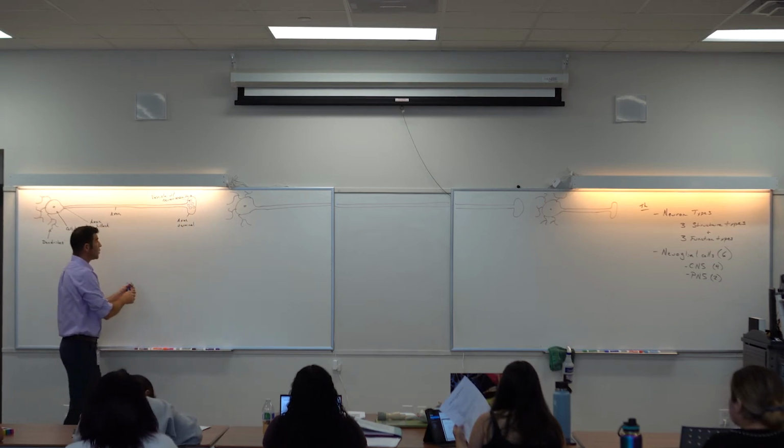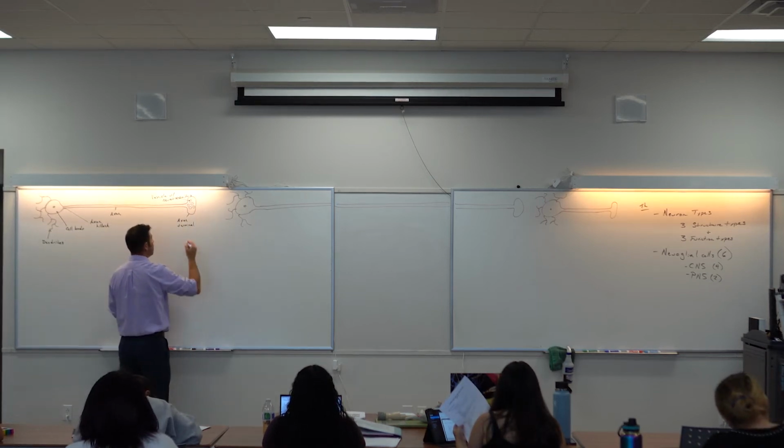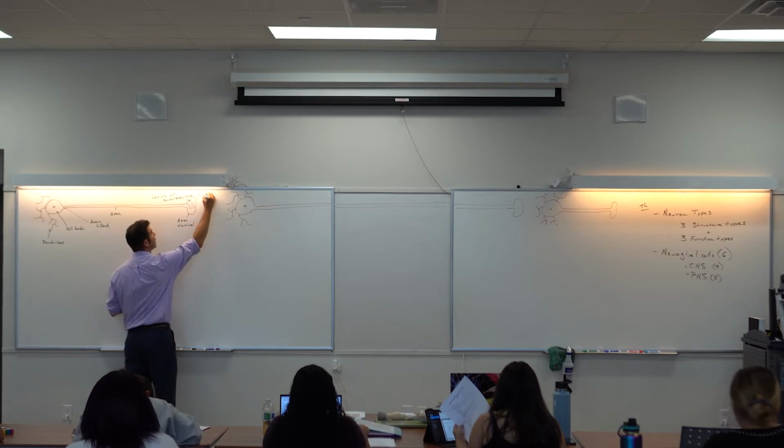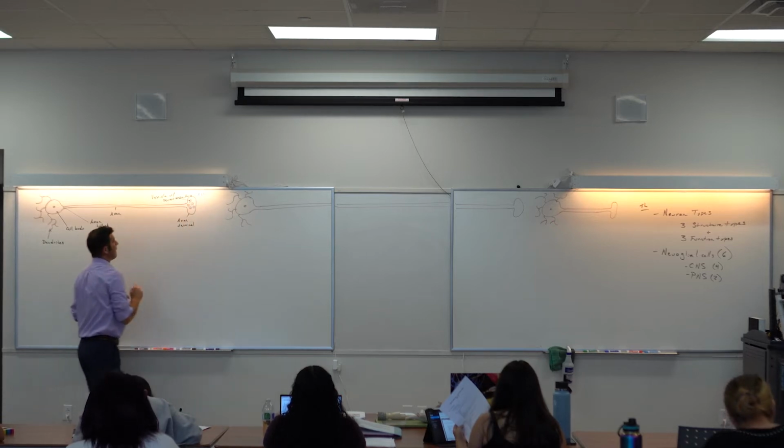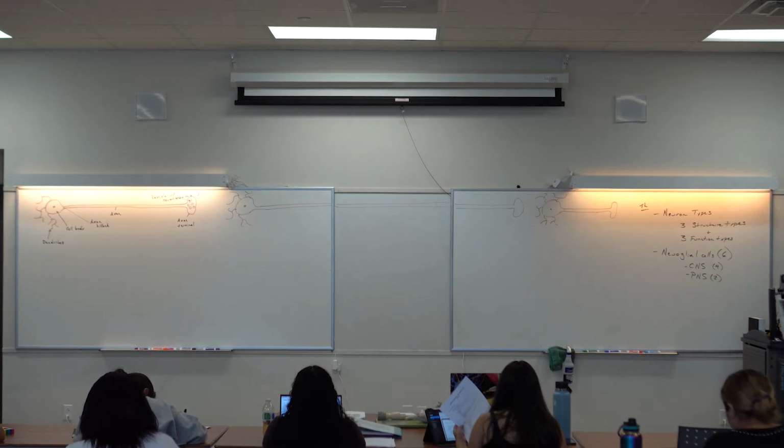A common neurotransmitter is acetylcholine, so I'll put it here as acetylcholine. We'll put those little dots of acetylcholine in there. Let's see if we want to add anything else. The anatomy is there. Okay, that's one thing.